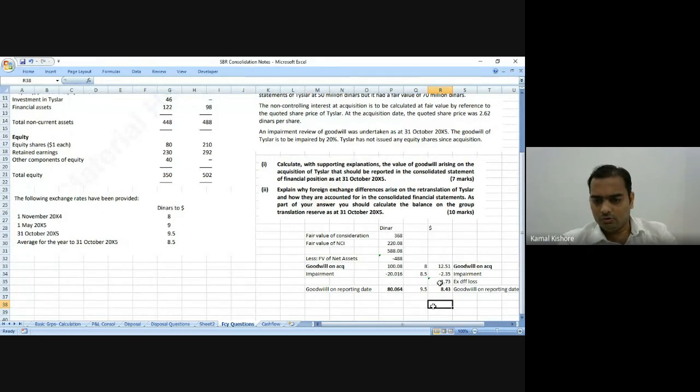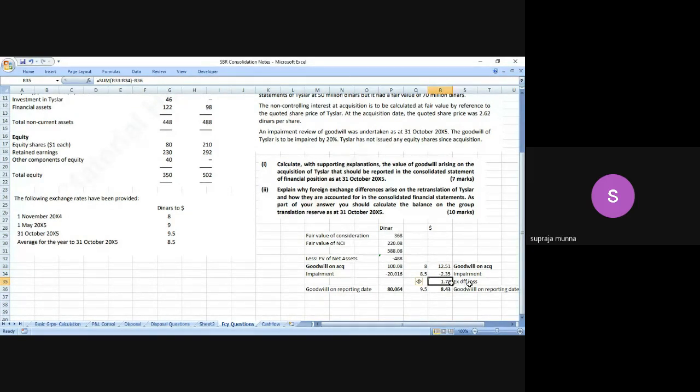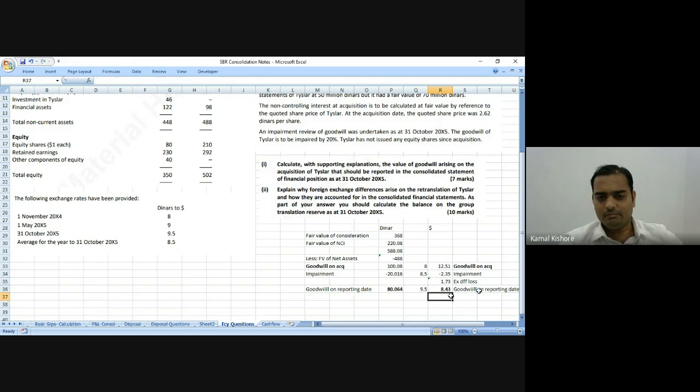So this will go as this. This two will go to PNL. This will go to FCTR or OCI. Right? Are we getting this?